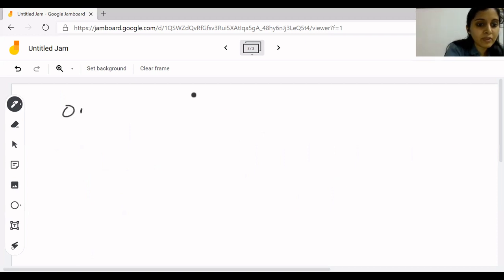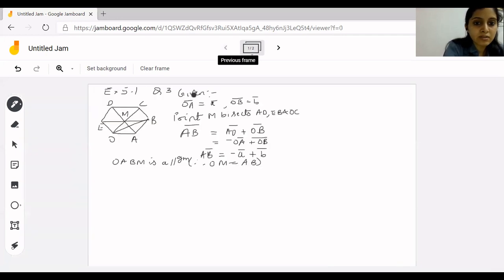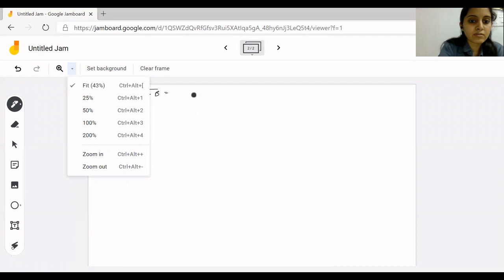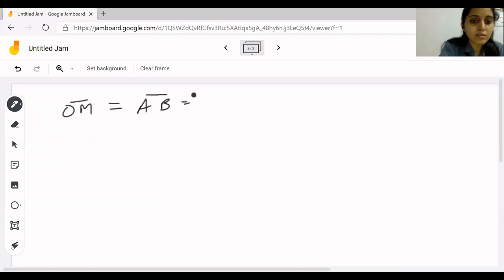So OM will be equal to AB, what is the value of AB we had? Value of AB is minus A bar plus B bar, or we can say B bar minus A bar. Now OC bar is equal to, let's go to the diagram once again.